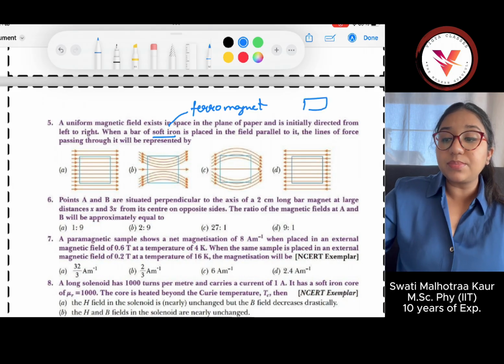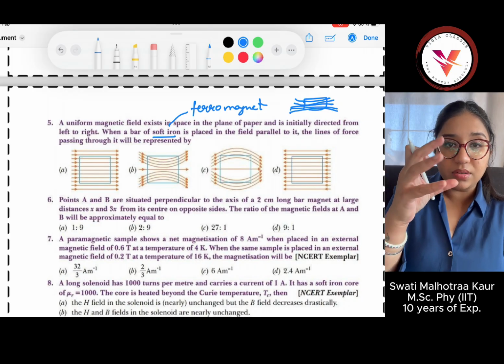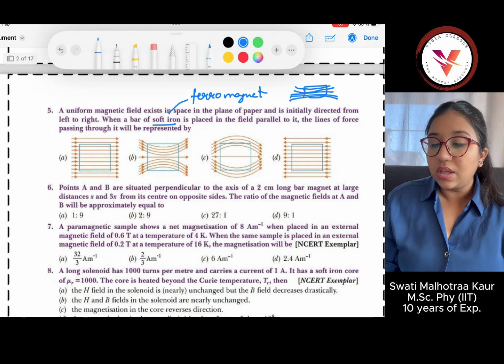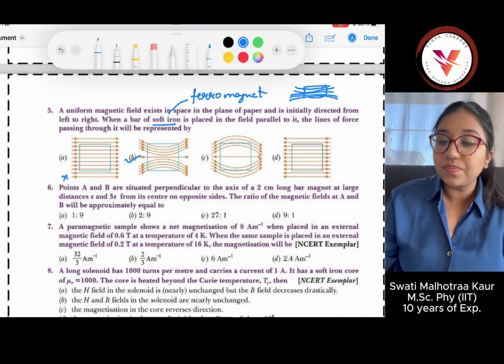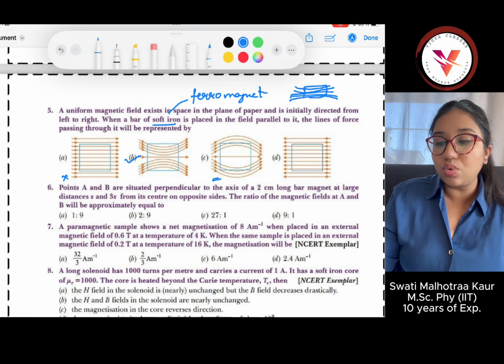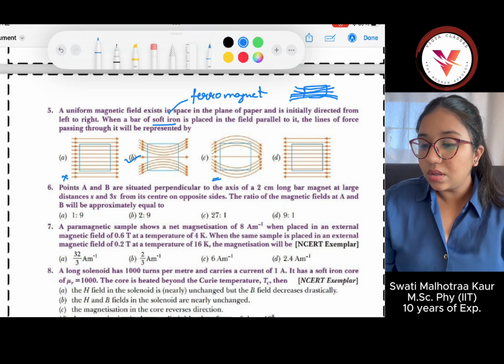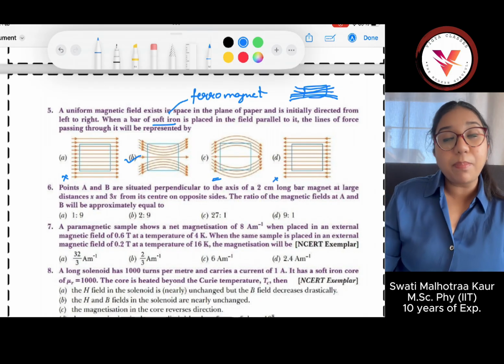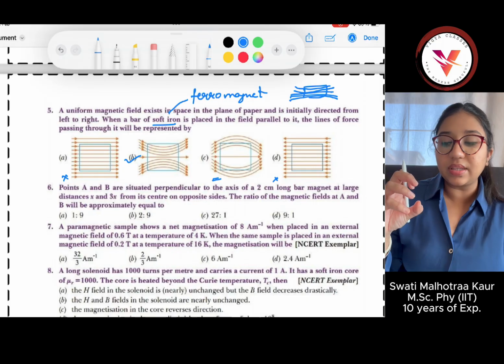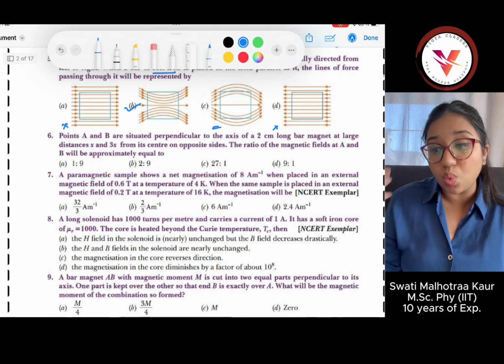For a ferromagnetic substance, the field lines move into the material, meaning it is more dense inside the material. So option B is the correct one. It's not uniform, and it's not moved away; that is more like a diamagnetic state. For paramagnetic material also, some field lines go through, but for ferromagnetic the density is more.